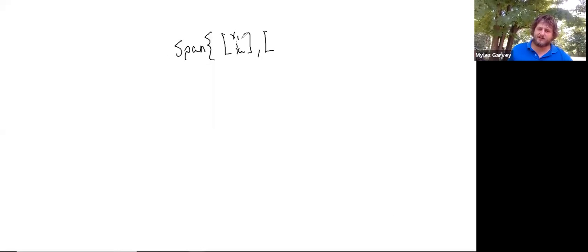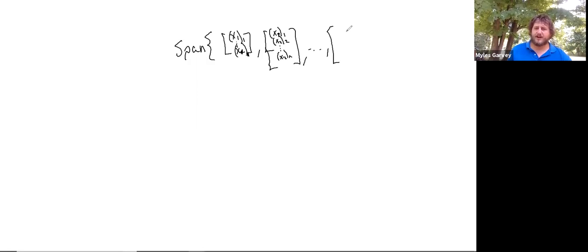I'm just going to say x1 is (x1,1, x1,2, ..., x1,n), x2 is (x2,1, x2,2, ..., x2,n), and if I have m of these vectors, which I'll by shorthand denote as x1, x2, ..., xm.